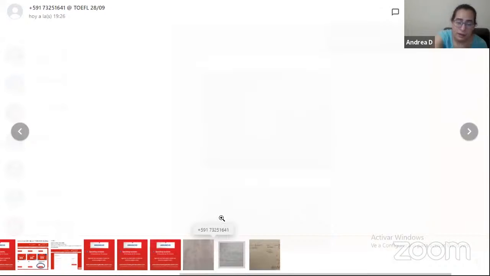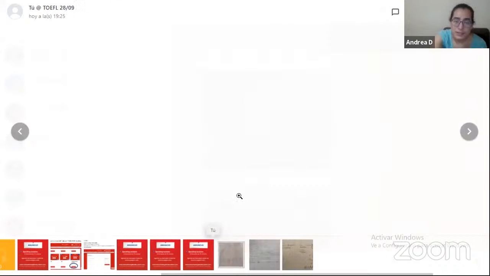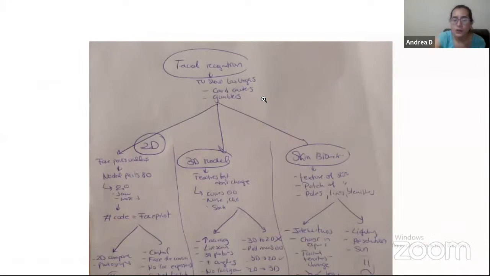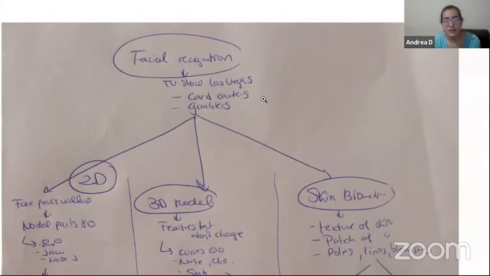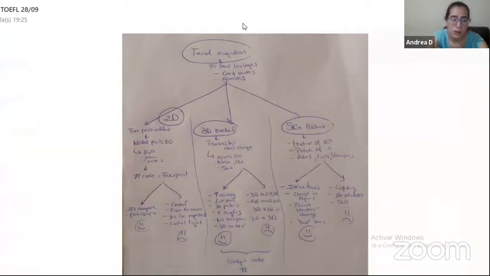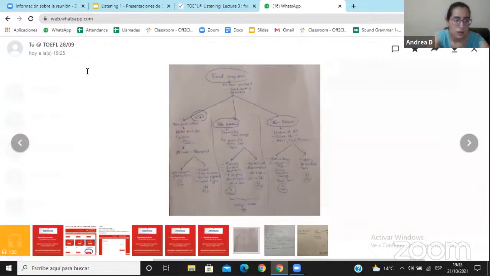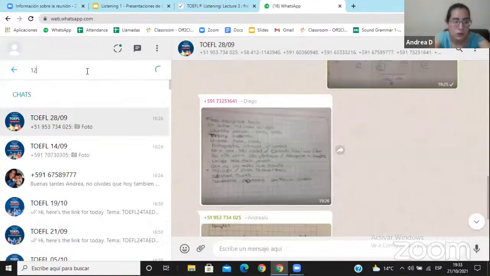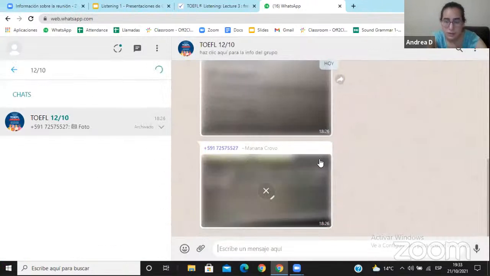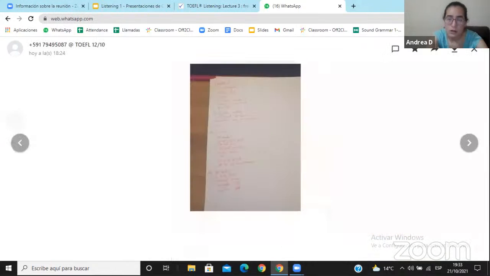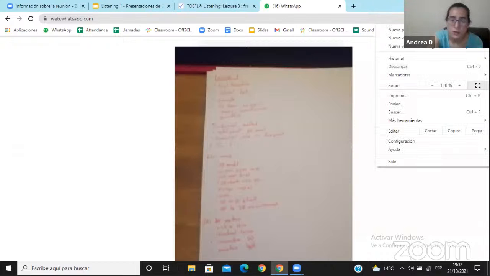About mine, I did pretty much the same, but I tried to organize it in the same way. Now, of course, you don't have to do it in the same way. You can do it just in a vertical way. I'm going to show you some. So this person from the other group was doing something like this. This is okay as well.